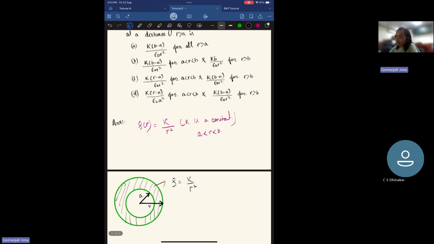You can see here it is a symmetric charge distribution. That means just use Gauss law to find out the answer.